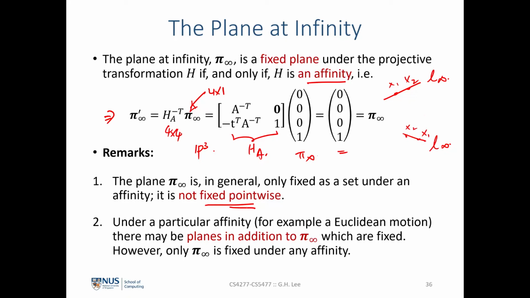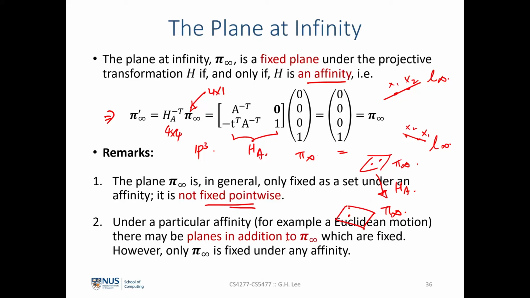In this case we have the plane at infinity, pi infinity. After it undergoes a certain affine transformation, this plane will still remain the plane at infinity, but the points inside might change location, though they are all still going to be contained inside the plane at infinity.